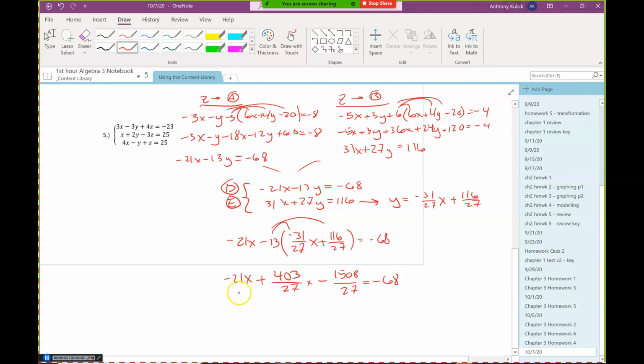Now, eventually I'm going to have to add 403 over 27x plus 21x, so I need to make a common denominator. So I'll multiply the top and bottom of negative 21x by 27 over 27. So it's going to give me negative 567 over 27.